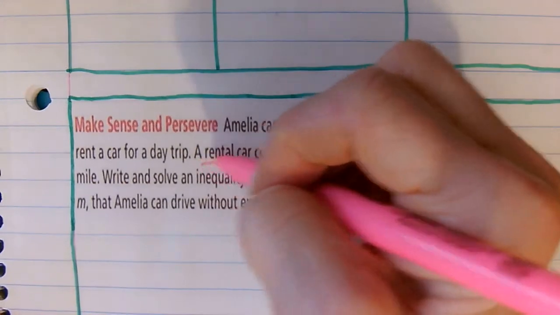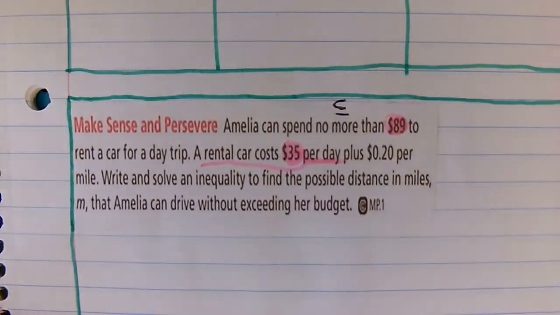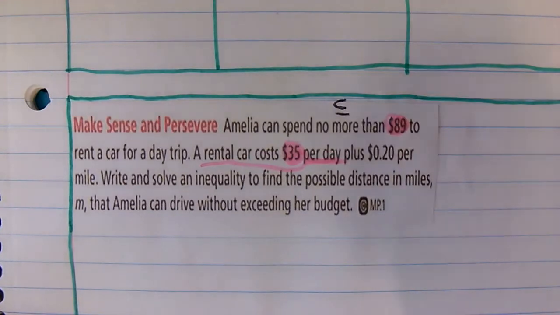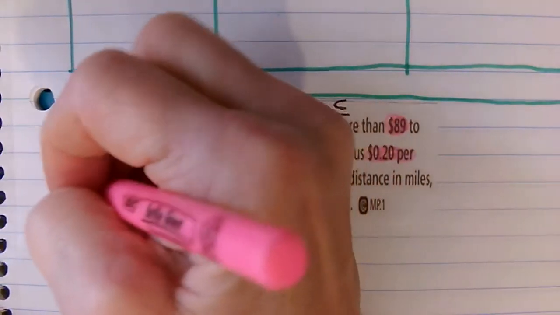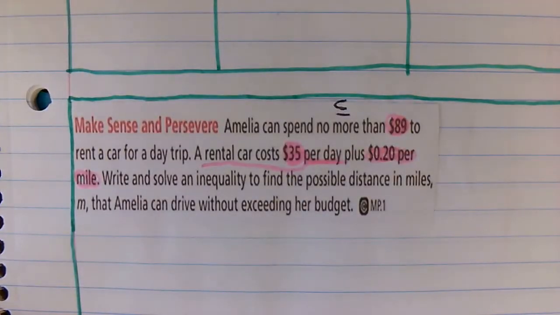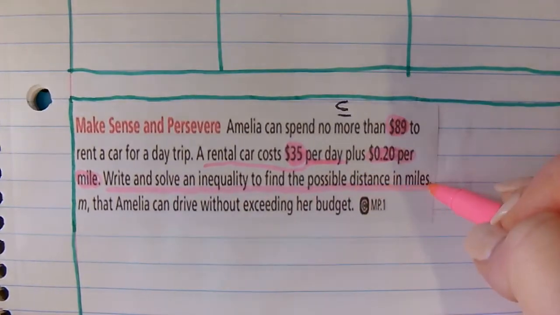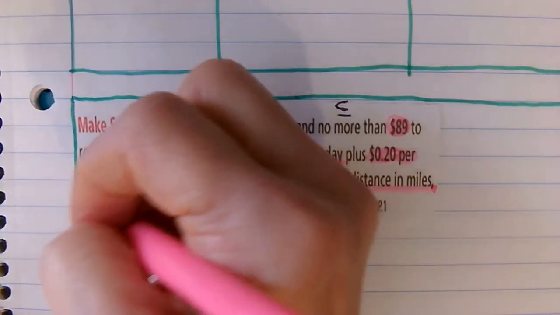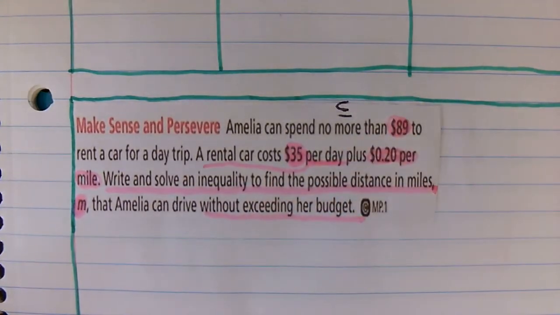Now, a rental car costs $35 a day, plus 20 cents per mile. So it says write and solve an inequality to find the possible distance in miles, M, that Amelia can drive without exceeding her budget.